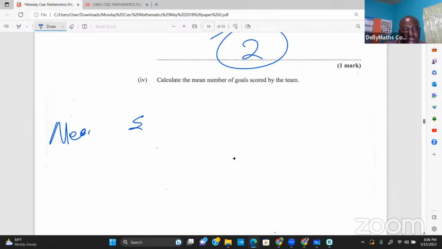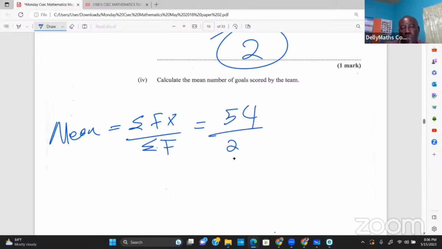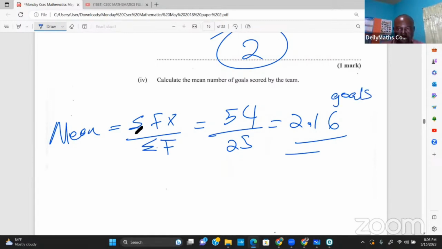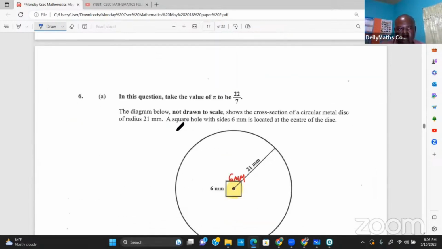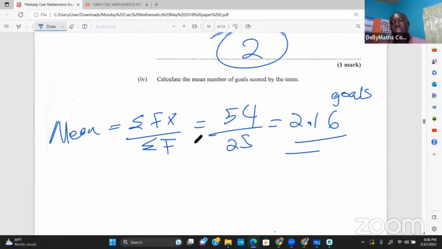So let me just write it down here. It was 54 over 25, and we get 2.16. There it is. So that's the amount of goals scored. Okay. All right, guys, we're at the end.